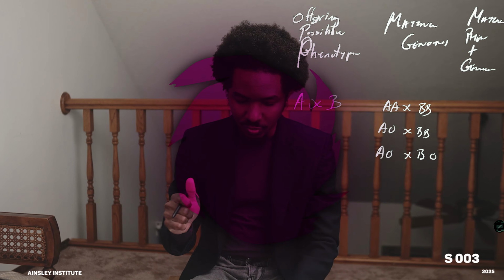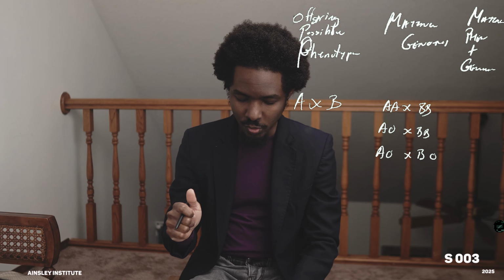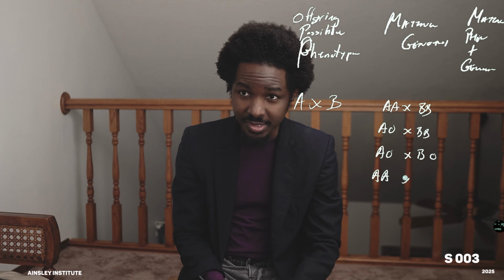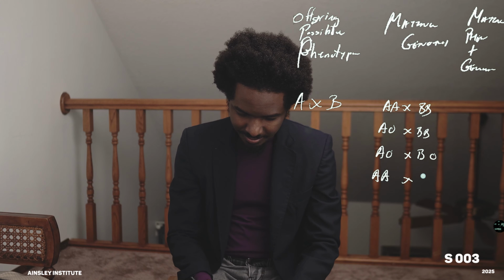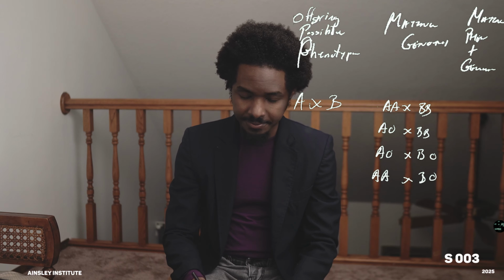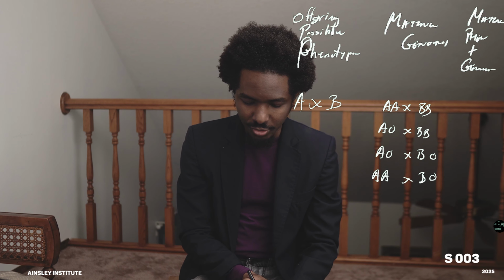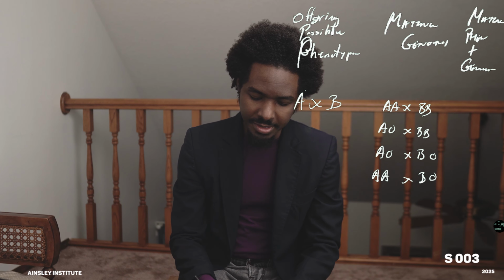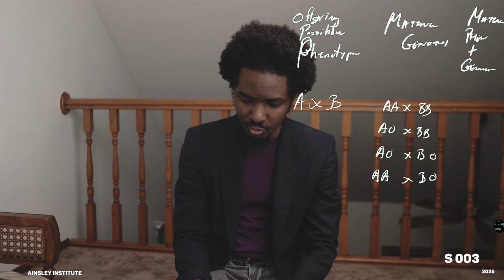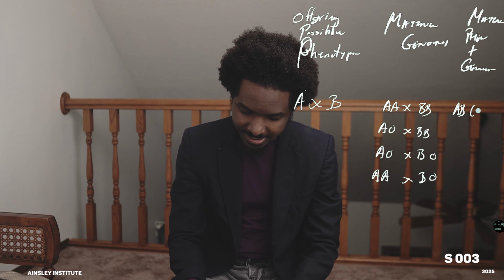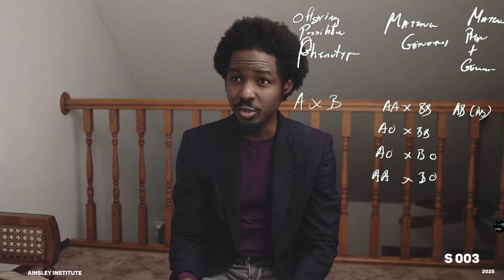But we also could have a situation where we have one person being AA times BO. All right? But all of these would be the combination of the mother and the father coming together. So this person has a potential to be a B individual. When an A person and a B person come together, the child has a potential to be an AB individual.